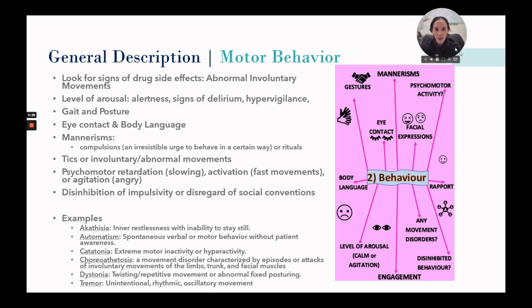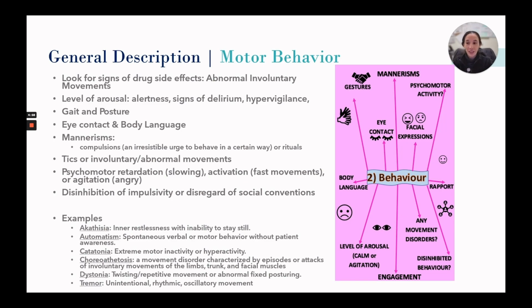All right, so moving on to motor behavior. These are movements and things that we look for with movements. We look for signs of drug side effects called abnormal involuntary movements. We're also going to look for things like level of arousal, alertness, signs of delirium, and hypervigilance. If somebody is taking substances, they might have a decreased level of arousal, or they could have increased alertness.